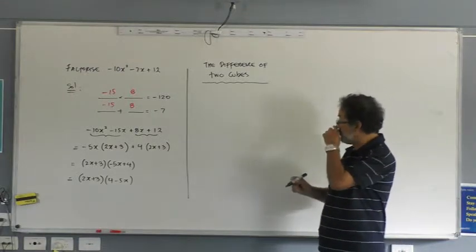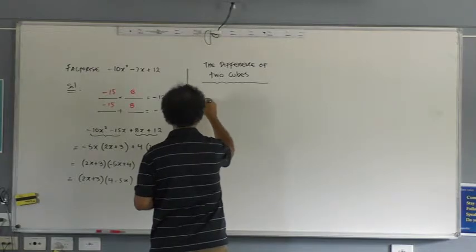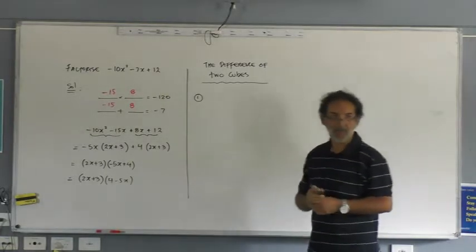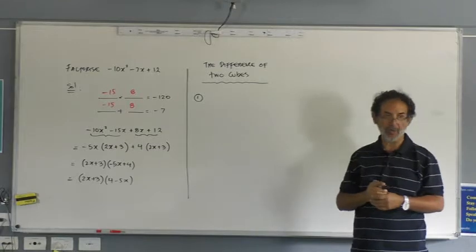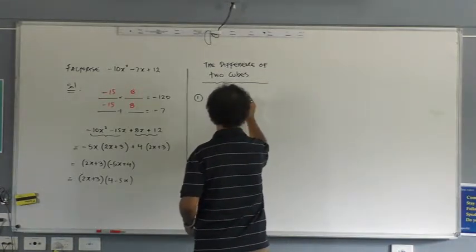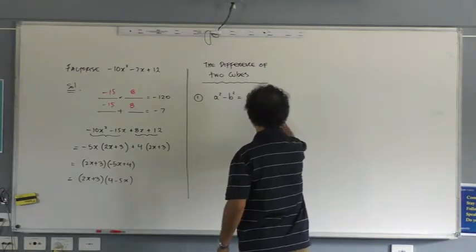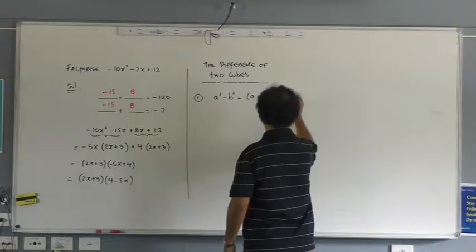Have a look. We already know that when you have a squared minus b squared, then the factorization of this is a plus b, and then a minus b.